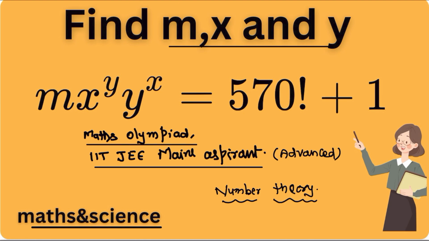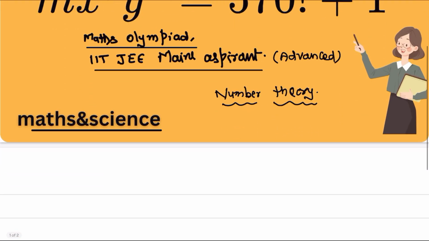Now, let's dwell into the question and try to solve it. What is the question? m into x to the power of y into y to the power of x is equal to 570 factorial plus 1.